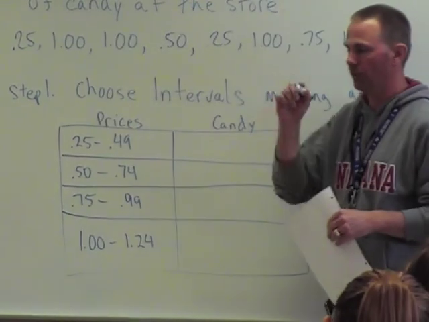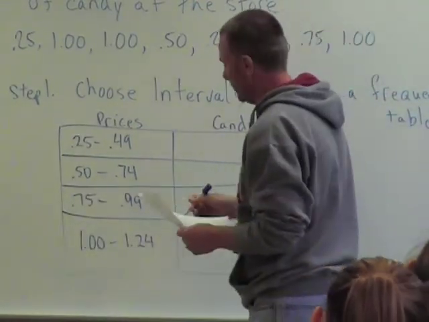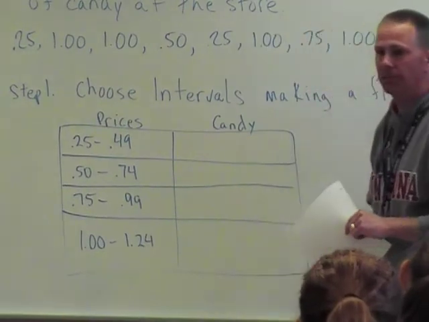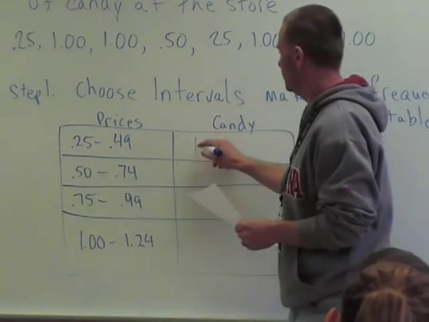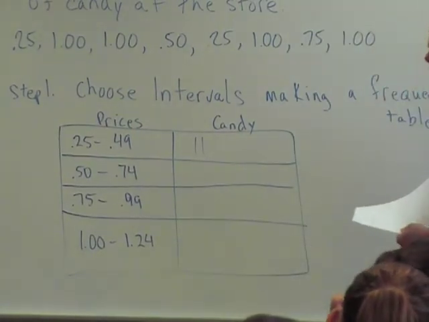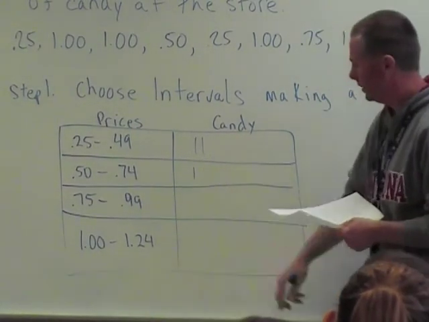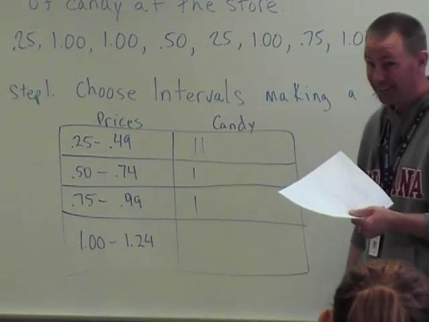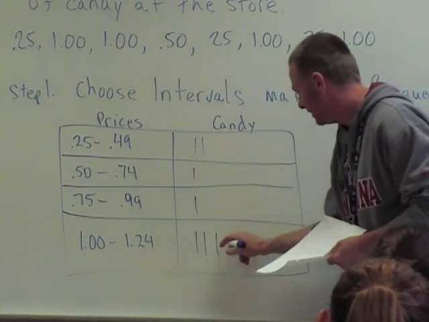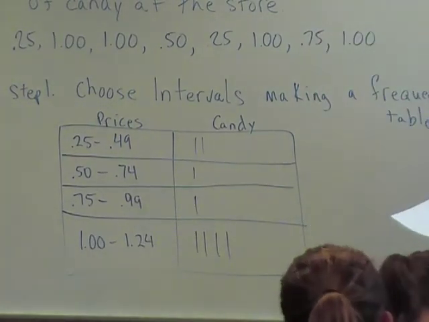It's just like your graphs when you're doing hash marks. So how many fit into this range? 2. How many fit in the next one? 1. And the next one? 1. And the last one? The rest. How many? 4. Gotta be accurate.